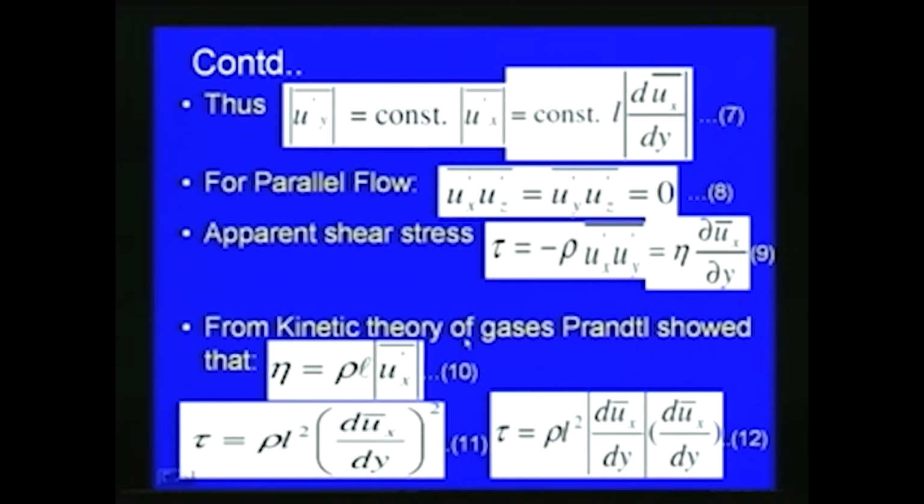So, finally, what Prandtl did is he used the Boussinesq approximation, and then he used the kinetic theory of gases, such that the shear stress is described in terms of the mixing length square multiplied by the density, and then the square of the gradient of the velocity in y direction, or du x bar by dy whole square.